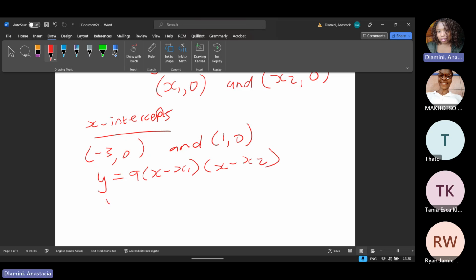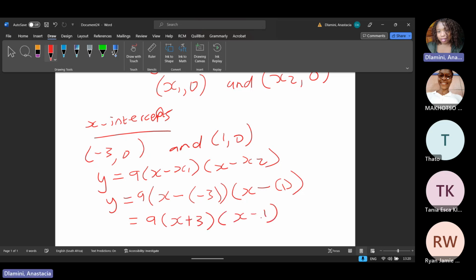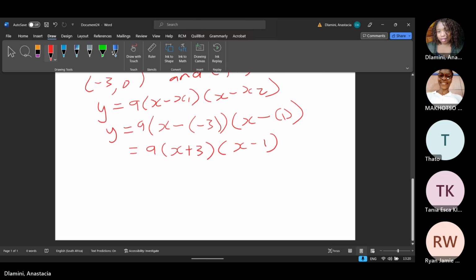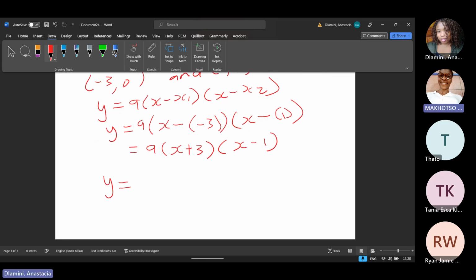Let's substitute. y equals a(x minus, be careful of the negative sign, guys, minus 1). So this is a(x plus 3)(x minus 1). Are we done? No, ma'am, we are not done.